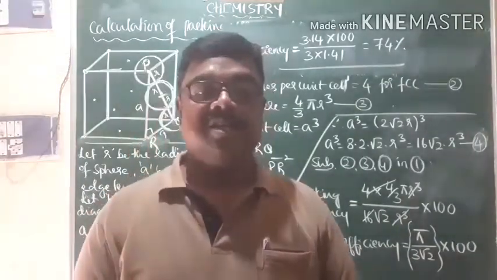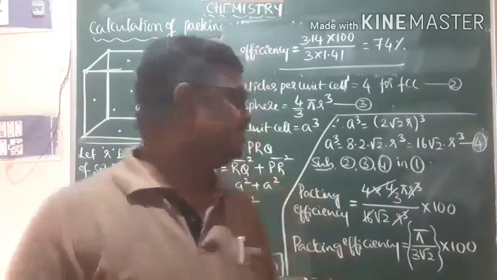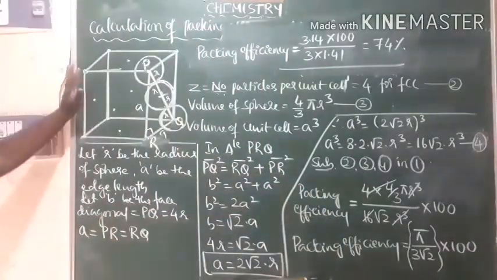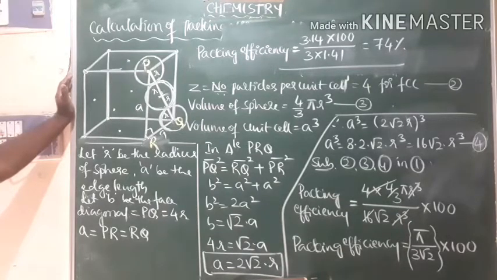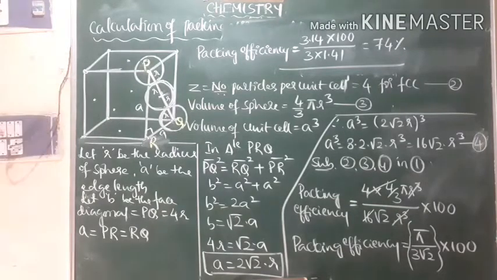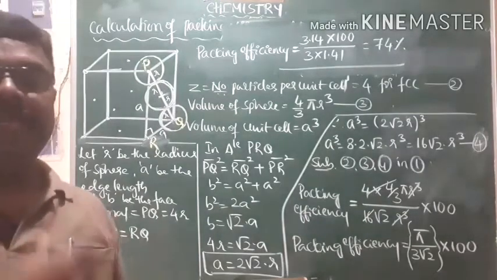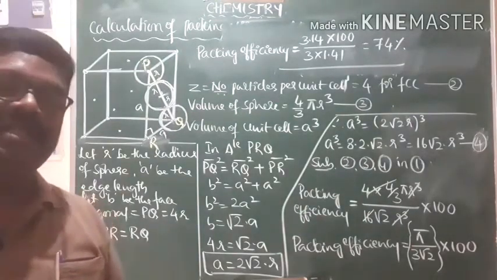So this is what we call calculation of packing efficiency in FCC, right? Write it down correctly. After this we will take up BCC, right?